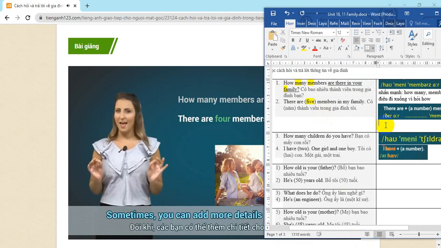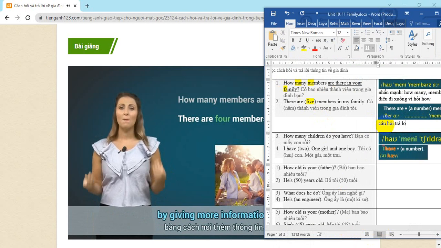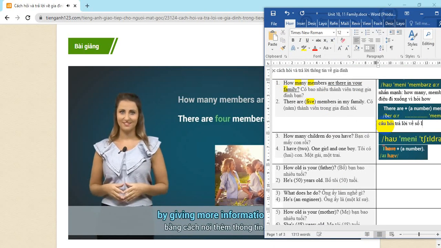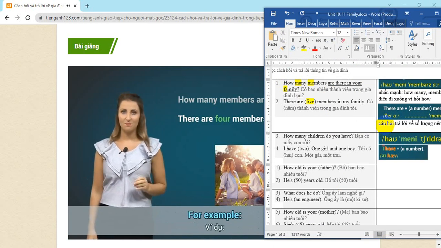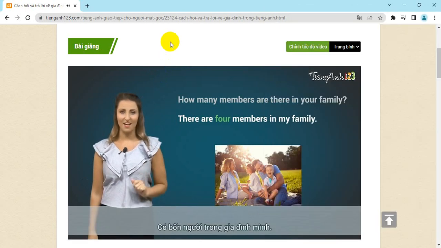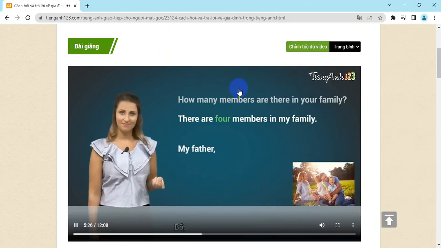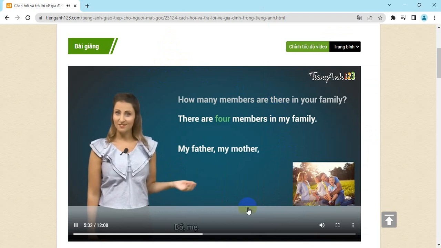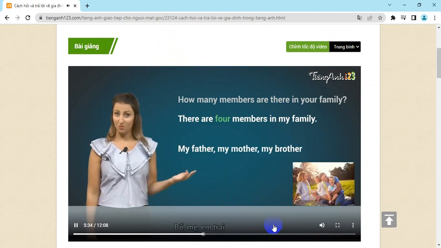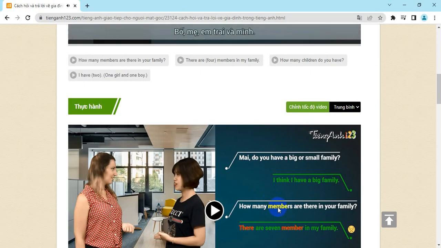Sometimes you can add more details to this answer by giving more information. For example, there are 4 members in my family. My father, my mother, my brother, and me.